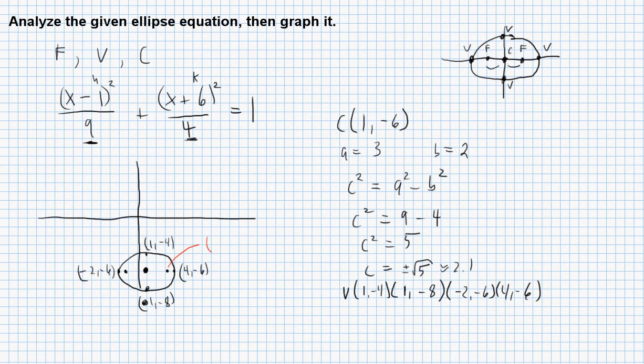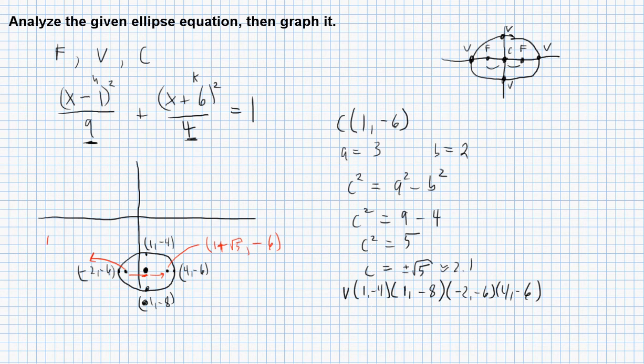This one is going to have a coordinate value of 1 plus radical 5, negative 6, because we started at the 1 here, and we've got to go to the right radical 5. So it's 1 plus radical 5, whatever that is, for the x-coordinate, negative 6. Now this one here, we're starting at the center point and going to the left radical 5.